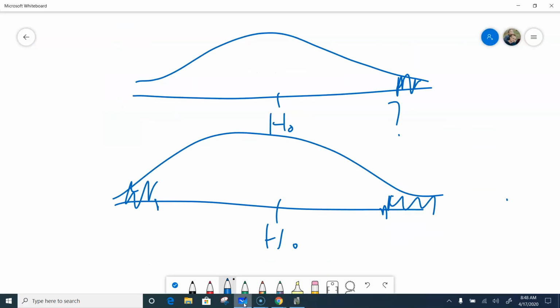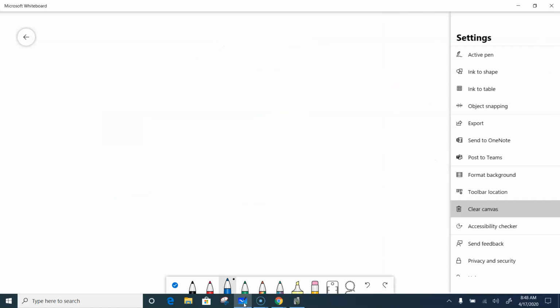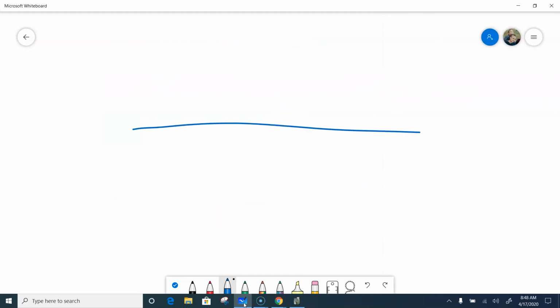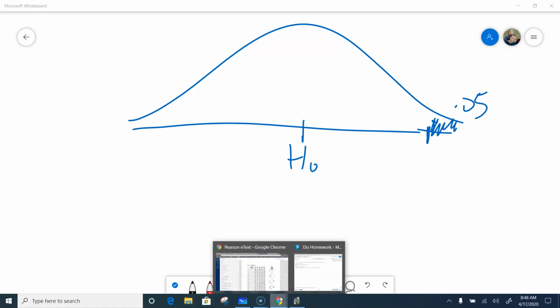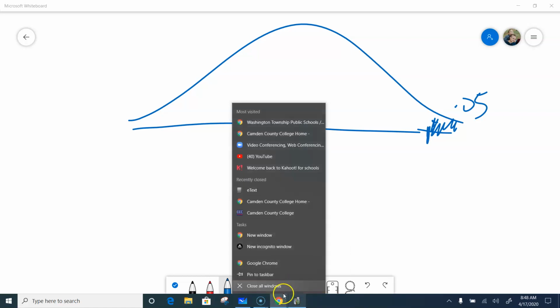If you are a visual person, we're going to consider something significant that lives in here: anything that happens less than 5% of the time when the null hypothesis is true. That's where we have to look.